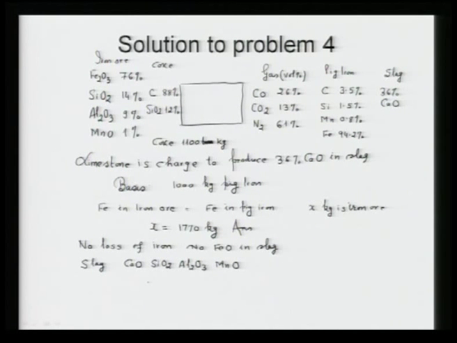Since calcium oxide is 36%, percent SiO2 plus percent Al2O3 plus percent MnO will be 64%. That means 64% consists of SiO2, Al2O3 and MnO. Since their inputs and outputs are known to us, we can calculate the amount of SiO2, Al2O3 and MnO, and from that amount, 64% of that, we can find out the amount of slag.